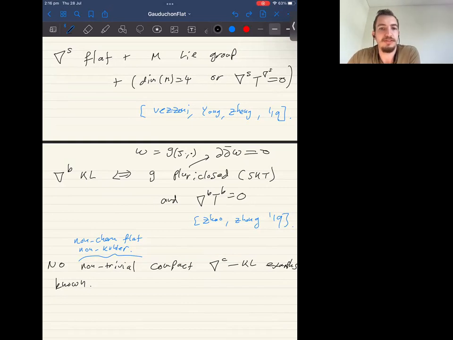Yes, but Zhao and Zheng recently, they've updated the archive a few times, but they've recently proved this. Do they produce examples, or do they just say this is a statement? That's a good question. You're probably more likely to find examples in the Fino-Tardini paper. But yeah, I'm not sure.